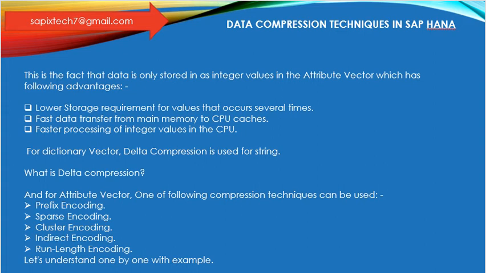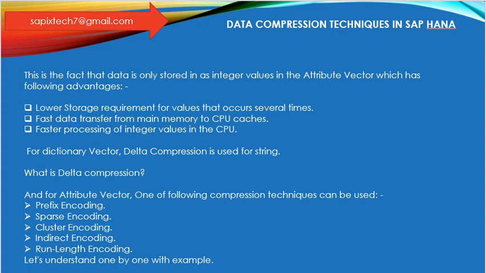In previous videos, I discussed how string or character values get converted into integer format, and how they are stored in a column format. In a column format, integers are stored in main memory. What is integer? Not the string, not the character, only integer.